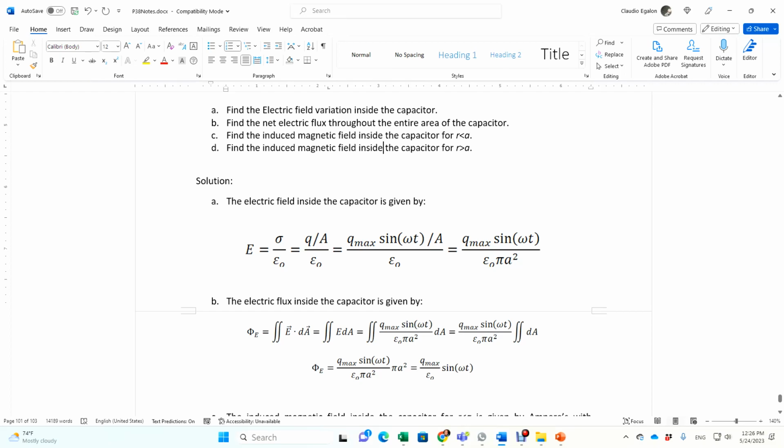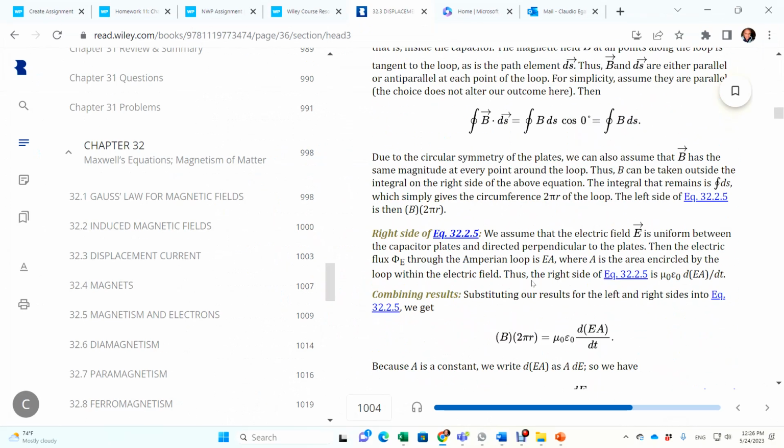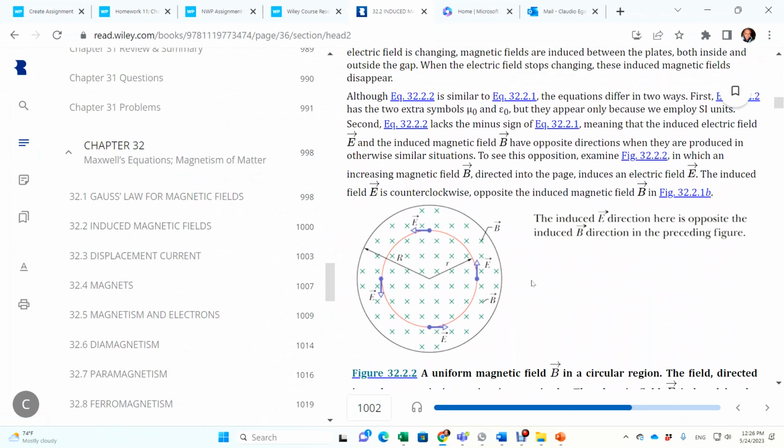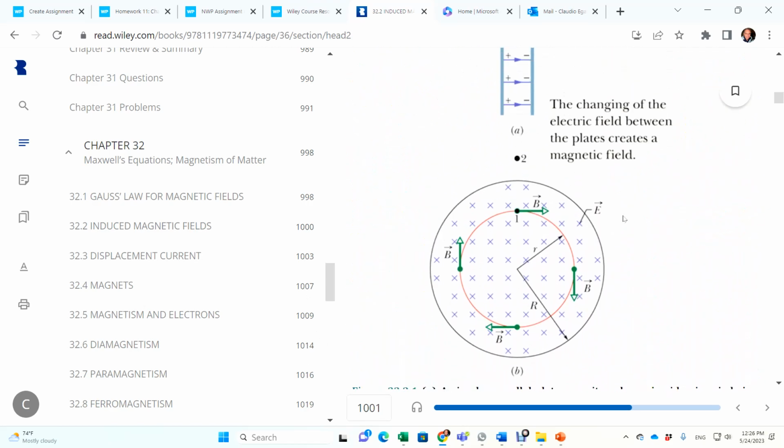So what do I mean? I mean the region right in here. It's still within the volume of the capacitor, but it is outside for r greater than a.